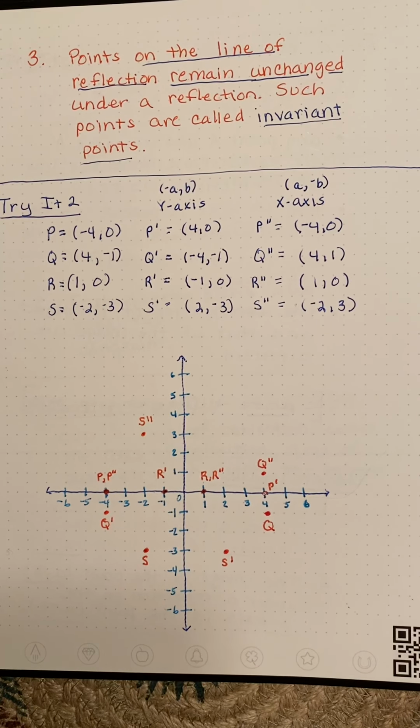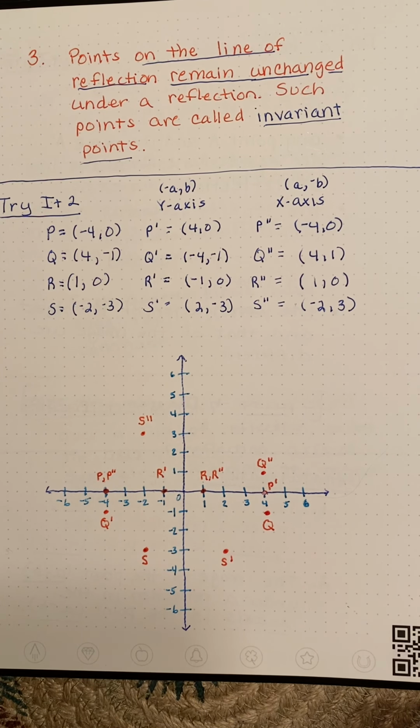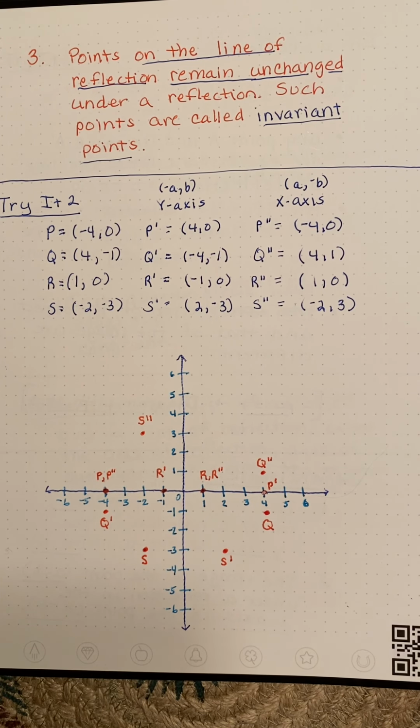Okay, your assignment for tomorrow is to do pages 137 and 138, numbers 1 through 4. You will have some that just deal with congruency, and you kind of have to eyeball those.